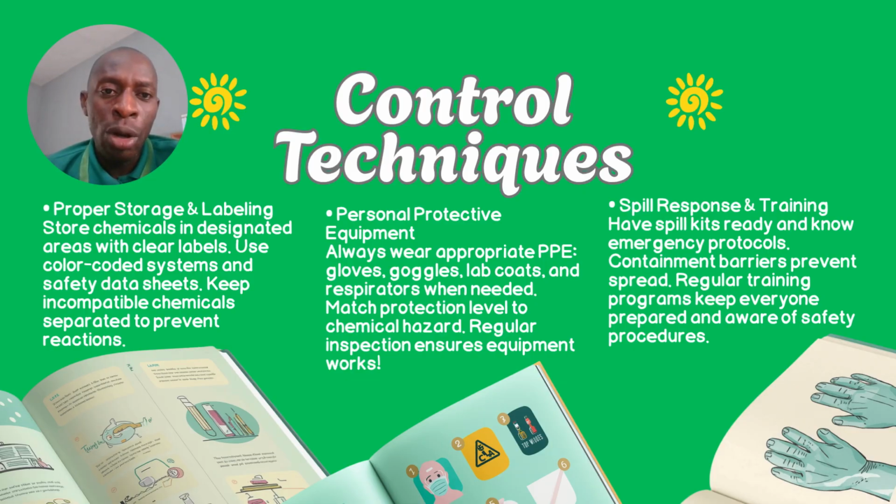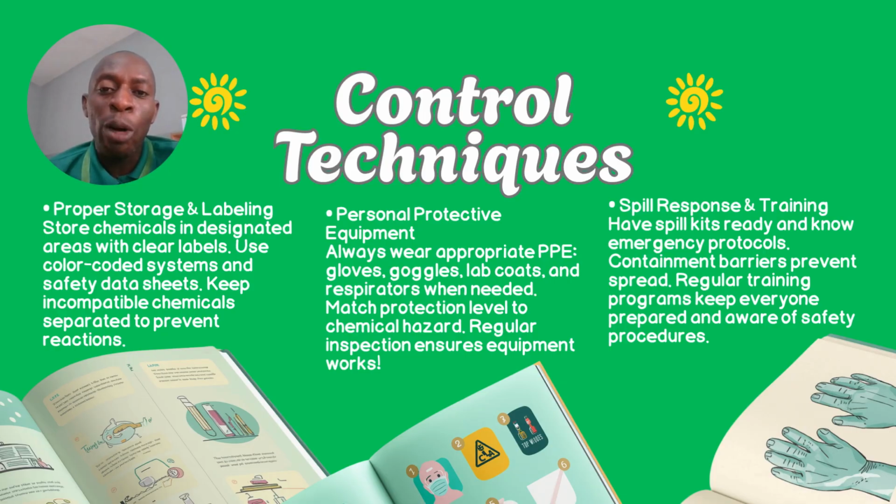And number two, every chemical user must always wear gloves, goggles, lab coats and boots in order to ensure they have safety measures, with regular inspection, and to ensure that every workspace has the equipment.